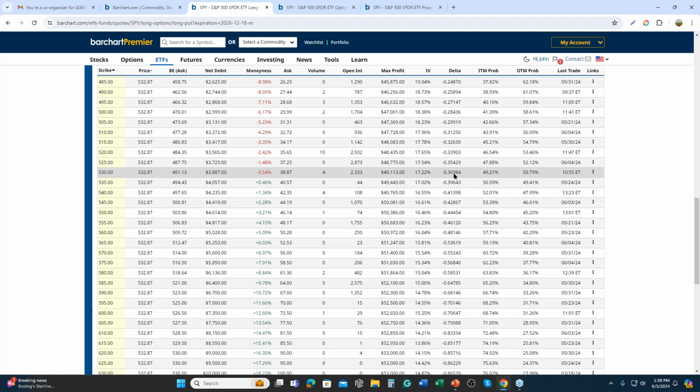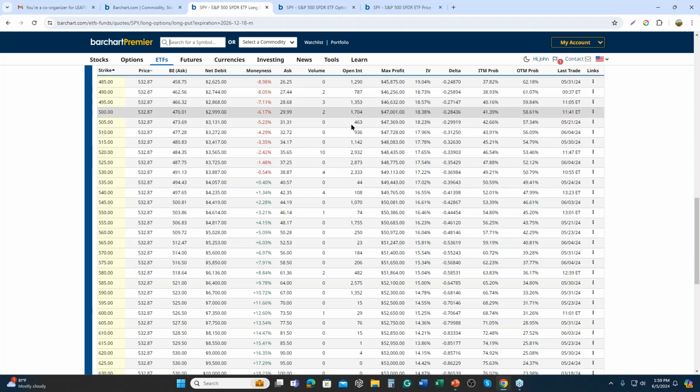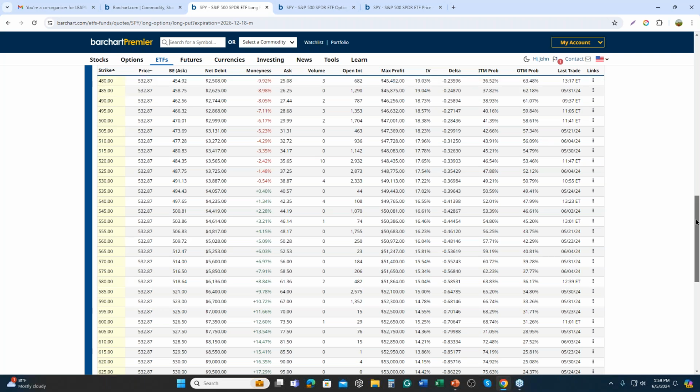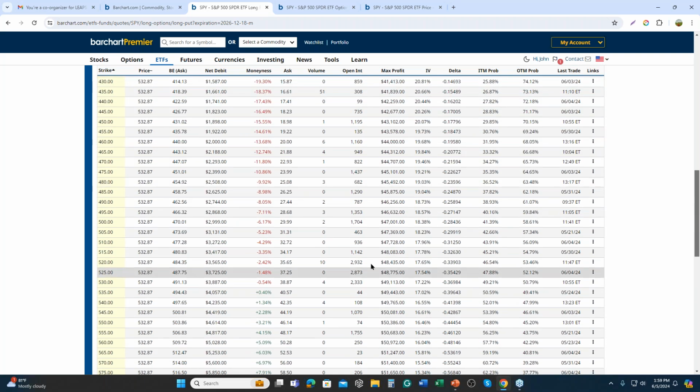So again, maybe more advantageous to buy puts as an insurance policy. And notice that if we look at our open interest and our price volume activity, a lot more of it in the puts is out of the money, right? Again, more of an insurance policy that I'm going to take over a longer period of time.